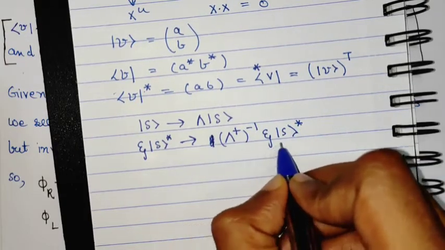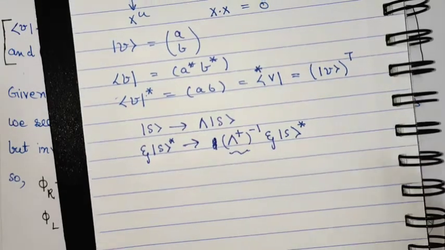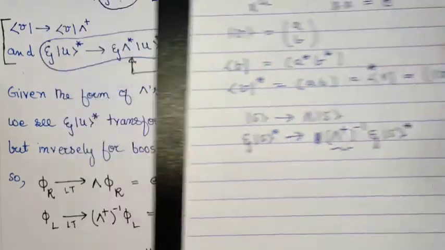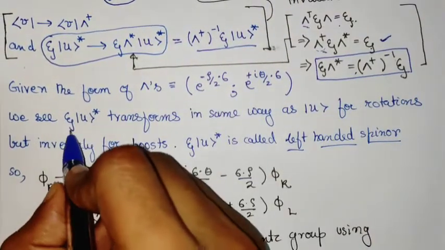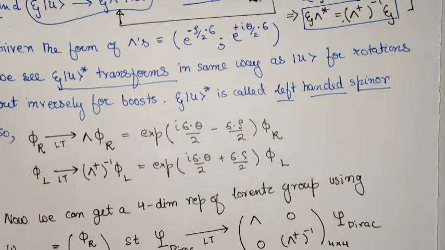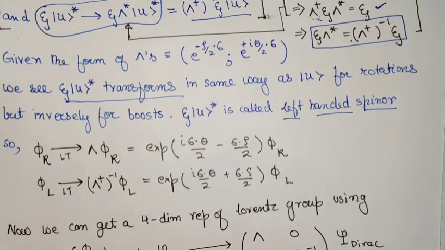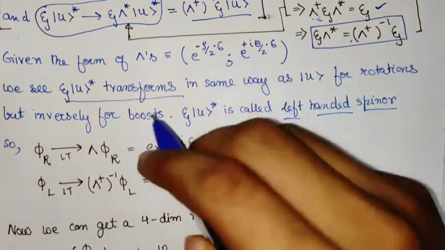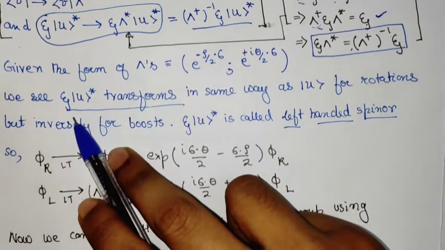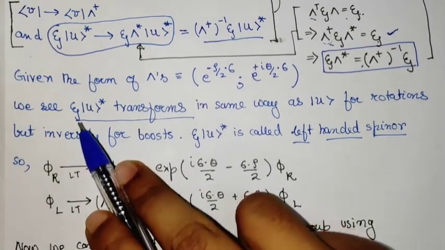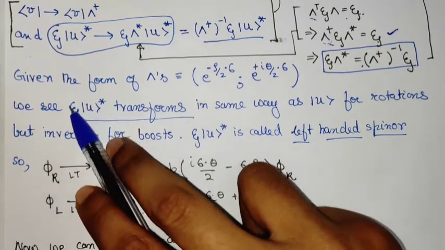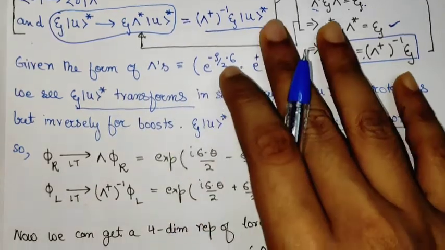So it is transforming like the inverse of dagger, this kind of Lorentz transformation. So this object is what we call the left-handed spinor, and the other one the right-handed spinor. So you see, until now we had rank 1 spinors, but under Lorentz transformation we have two different kinds of spinor. One is left-handed and another one is right-handed.